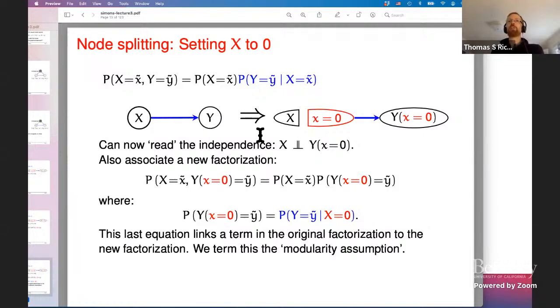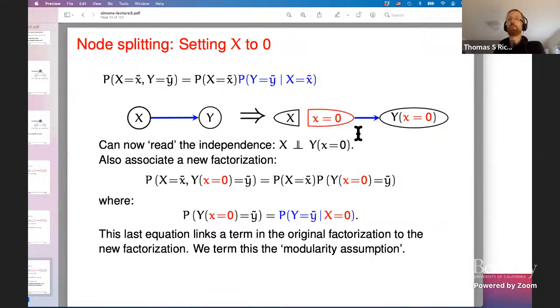Okay, so essentially we've built a new graph by splitting a node in this graph, and we built a new distribution by repurposing, by taking the terms that were in our original factorization of the observed distribution. We just copied that term directly over, and then the second term here we obtained by now setting X to 0 in this term in the factorization, and that then gives us our new factorization associated with a new graph.